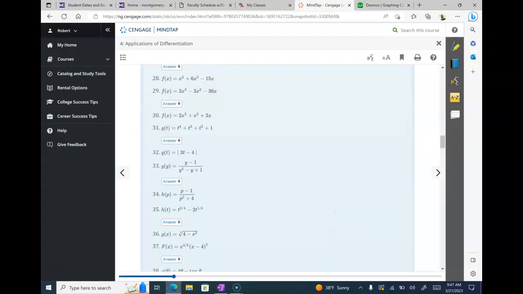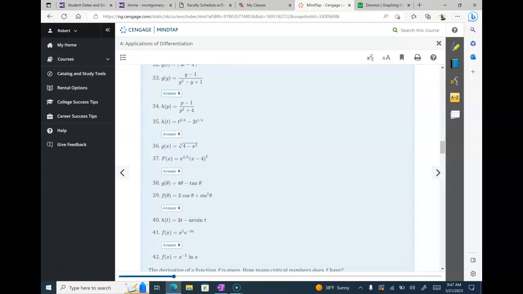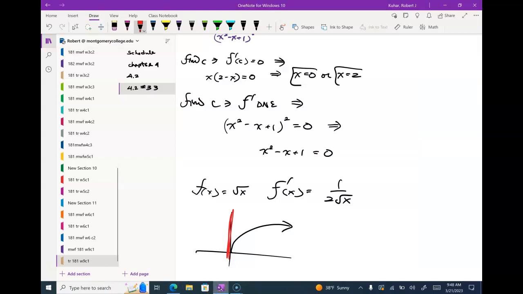Let's do another one here. Oh, 39. We love our trigs, right? So what's the answer then? The critical values are 0 and 2.